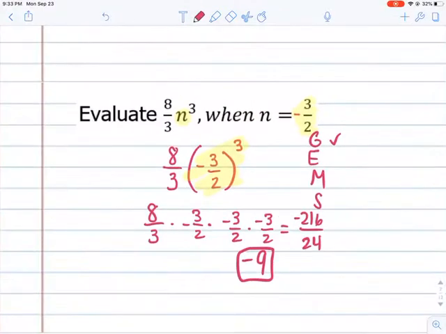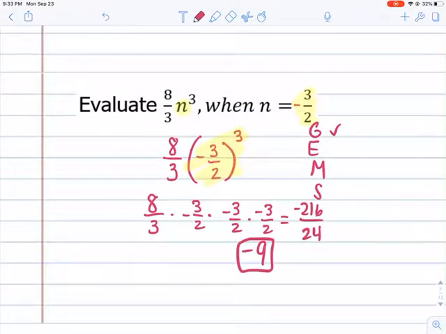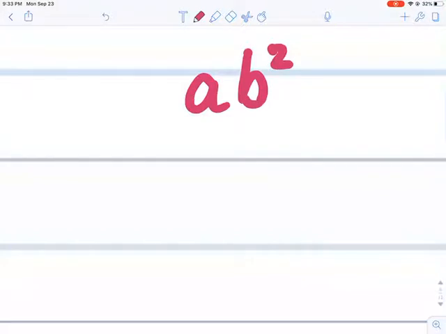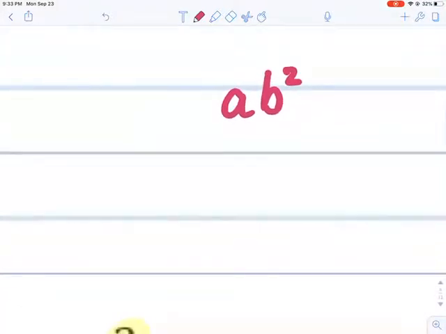Let me zoom that off, sorry. So hopefully that helps. The only other thing to keep in mind is being mindful, when you have negative numbers, to make sure that you are putting parentheses around them.